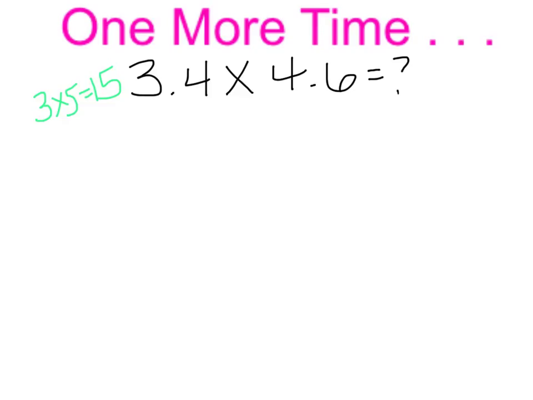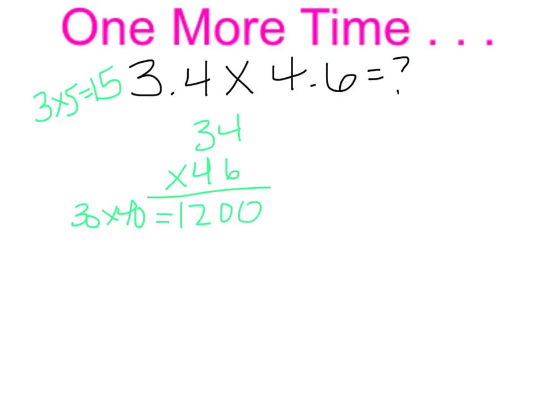Next, I'm going to multiply 3.4 and 4.6 as if they were whole numbers, totally ignoring the decimals. 34 times 46 will look like this. I am going to use the partial products method to get through this answer. So I'm going to start out with 30 times 40, which is going to be equal to 1,200.